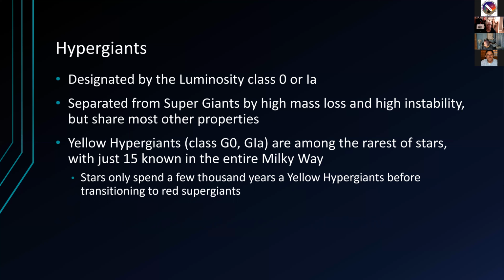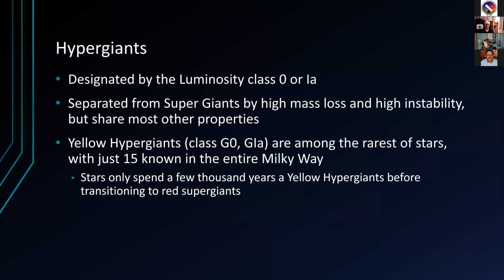The main characteristic that sets hypergiants apart from supergiants is that when you analyze these stars, they are very unstable, and so the fusion reactions in the star and a couple of other characteristics mean that the star is actually blasting a lot of its own mass off as it continues to undergo nuclear fusion.